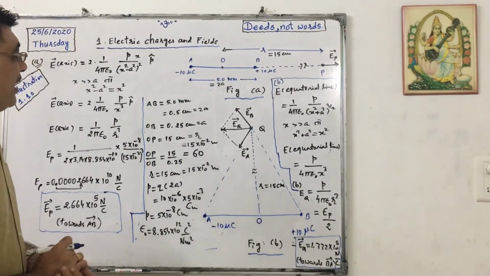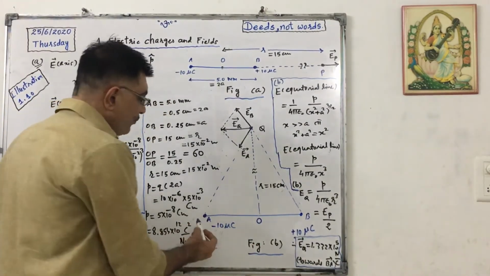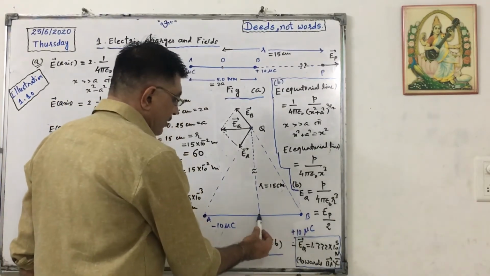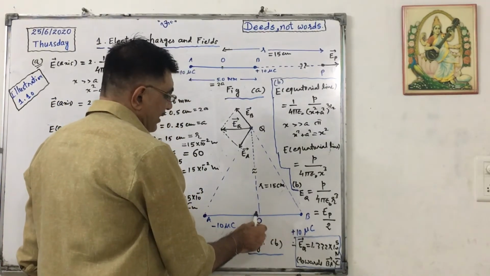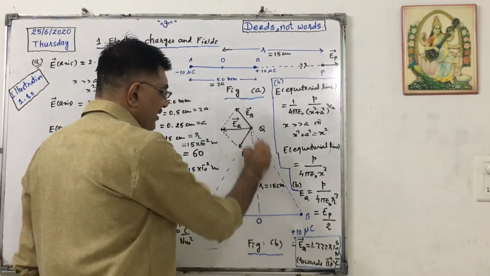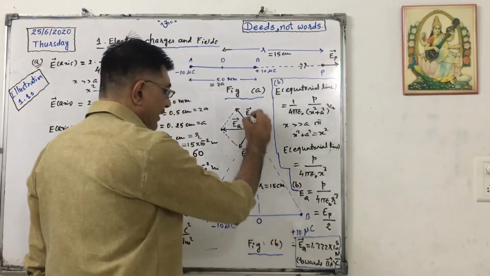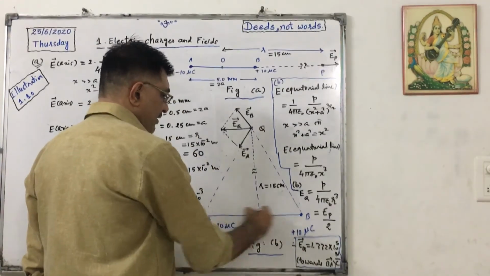Now second question, that is question B. We have to find out the electric field at a point located at 15 centimeter on the perpendicular bisector of this electric dipole.